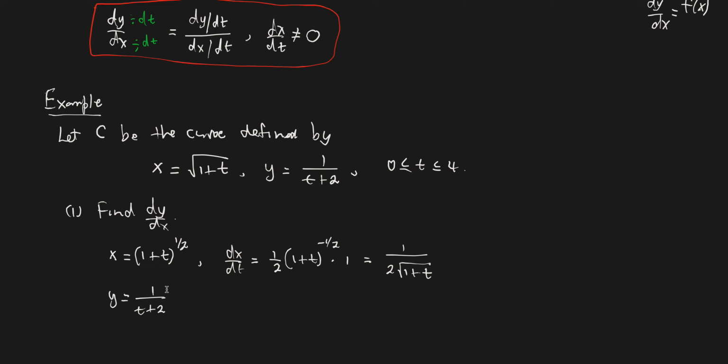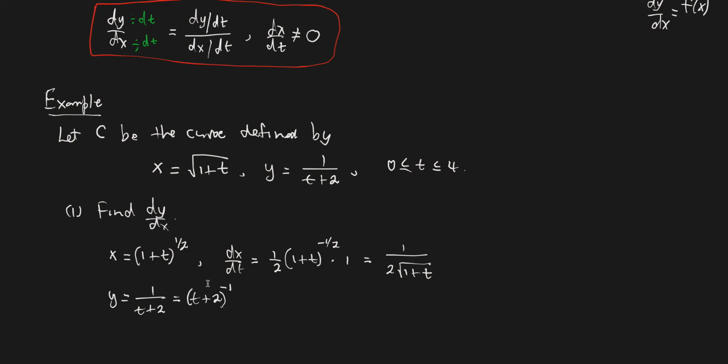If you leave it in the form 1 over the quantity t plus 2, then you could certainly apply your quotient rule. If you rewrite it as the quantity t plus 2 to the negative 1, then you can apply the same rule that we did up here.